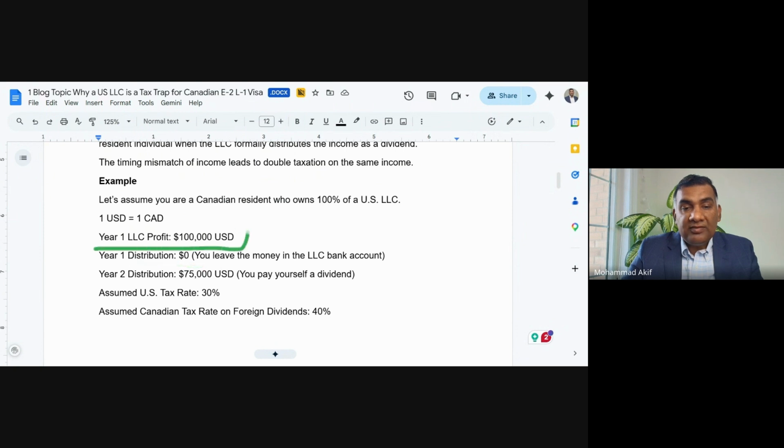First year profit 100,000, distributes 0, so you leave all the money in the LLC account. Scenario two: distributes 75,000 of the income, you pay yourself. We're assuming the US tax rate is 30%, and the Canadian tax rate on the foreign dividend is 40%. So let's look at the actual math of how this plays out.